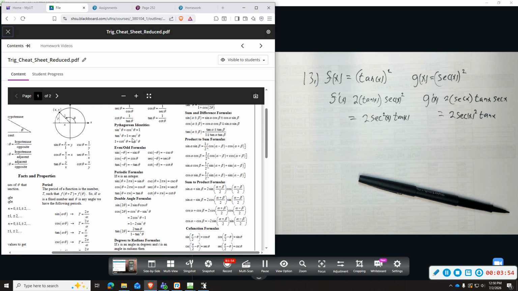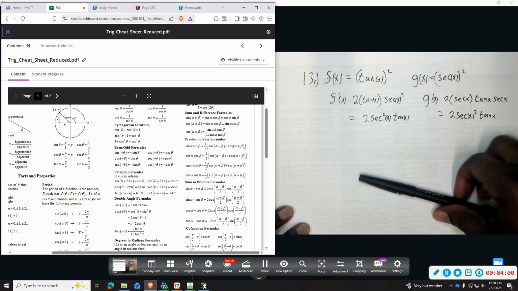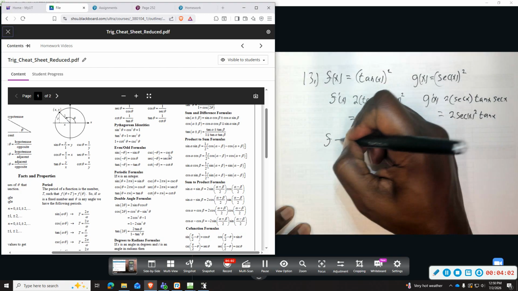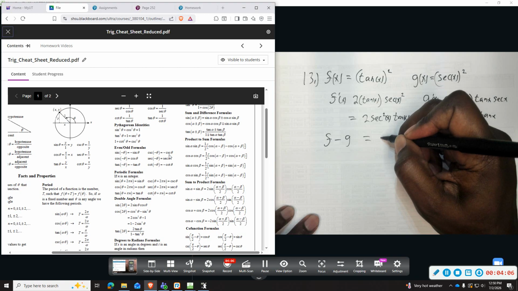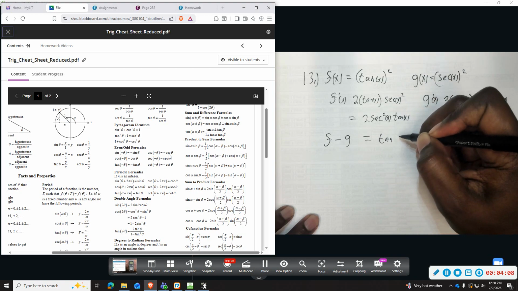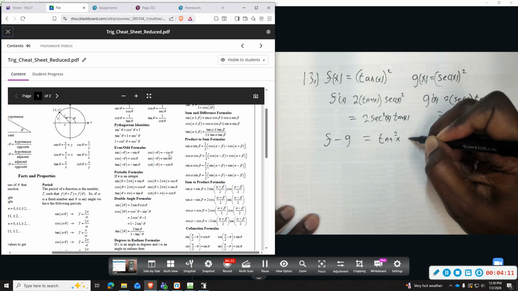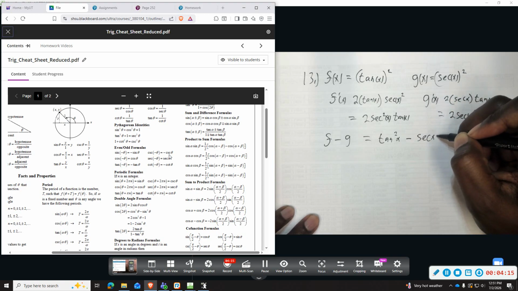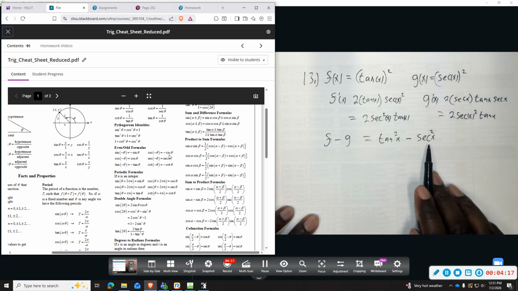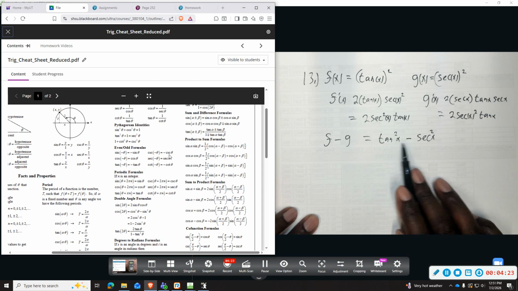Secant squared is also equal to 1 plus tan squared. So if I were to do a replacement, if we say f minus g, that will be equal to tan squared minus secant squared. And then using the trig identities, I can rewrite the secant squared.